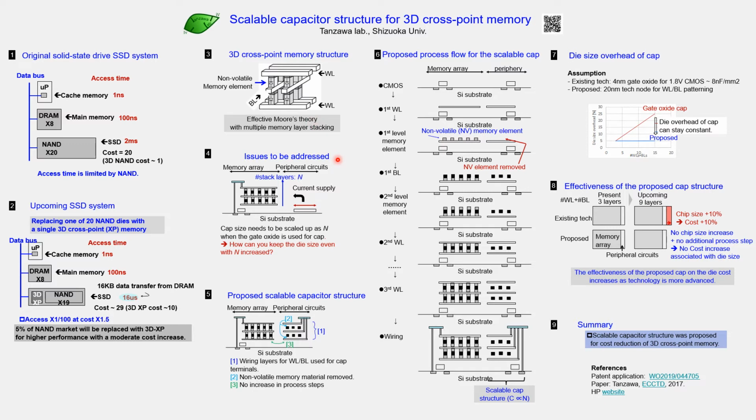Do you have any issues to be addressed with the 3D cross-point memory? Yes, there is. Because if we want to access more bits when you increase the number of stack layers, your word lines and bit lines must be driven by boosted voltages for write or read operation.